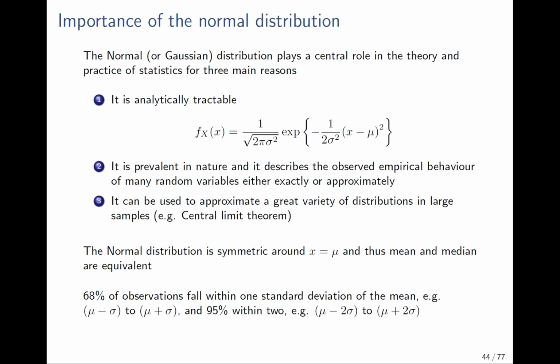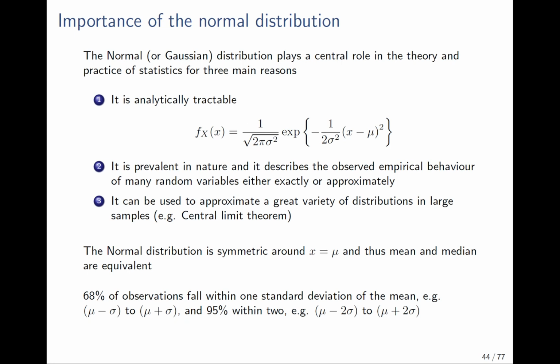I mean, as I said, and just to emphasize, the normal distribution is absolutely key in statistical theory and practice. It plays a central role for three main reasons. First of all, although it might not look it with this equation, it's actually analytically tractable, and it's easy to do mathematics with this form. As I said earlier, the normal distribution is prevalent in nature.